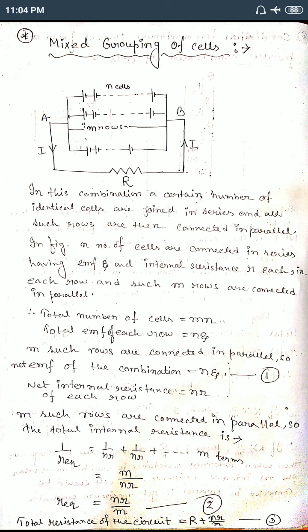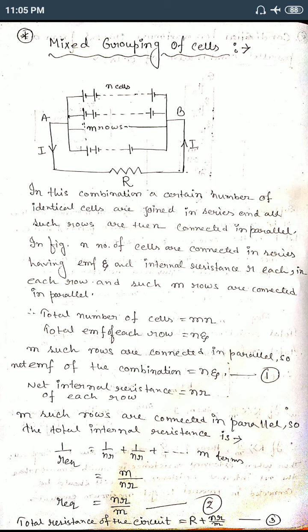So if there are n number of cells and m rows, what total number of cells are present? Suppose you have 4 rows, and in each of the 4 rows you have 3 pencils.